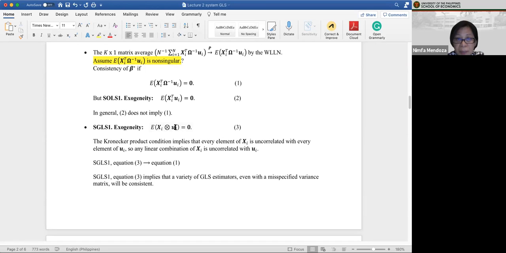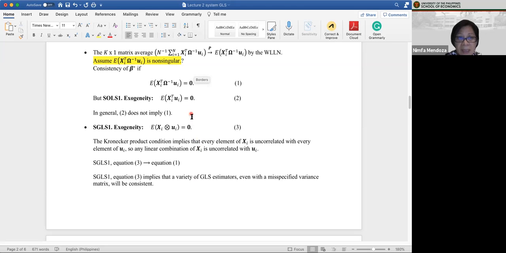The Kronecker product condition implies that any linear combination of X sub I is uncorrelated with U sub I, but here you're just forming linear combinations of X sub I.